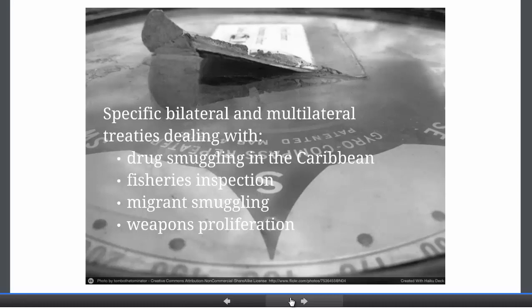There are some examples of treaties dealing with the smuggling of migrants, moving people across international borders without proper documentation, and there have been arrangements entered, particularly by the United States, dealing with the proliferation of weapons of mass destruction by sea, though there is also a multilateral protocol on that issue. And if you're interested particularly in that last category of weapons proliferation, there is another video in this series dealing with weapons proliferation by sea.